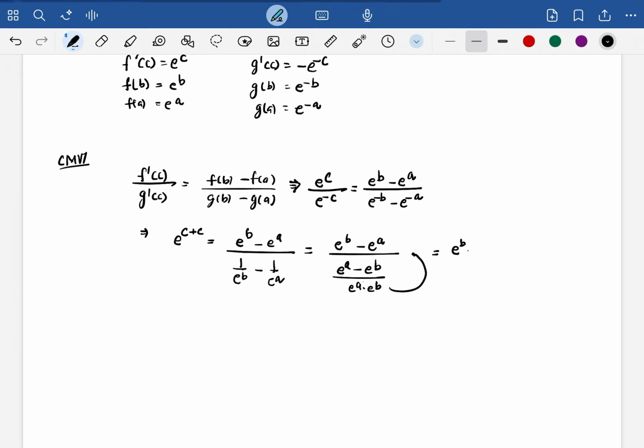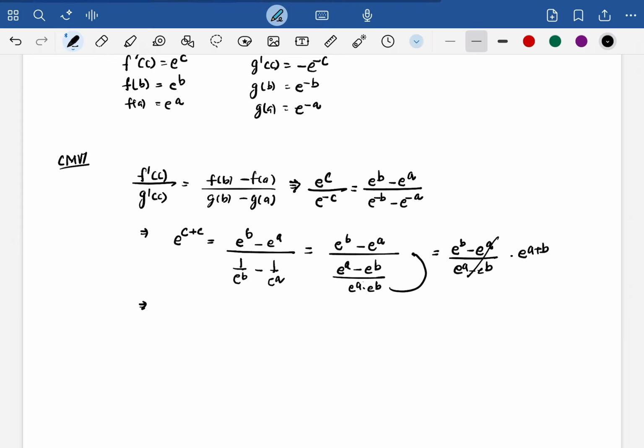We can write the same, e to the power b minus e to the power a, e to the power a minus e to the power b, and this is e to the power a plus b. Okay, now if we remember, this is e to the power a. Okay, if we remember, this will get cancelled out.